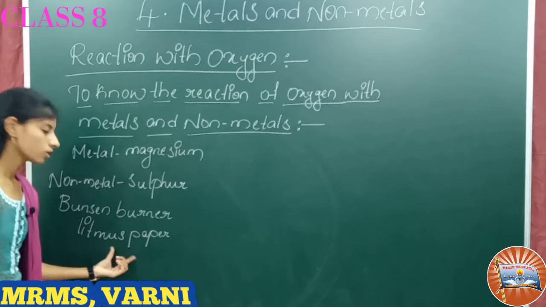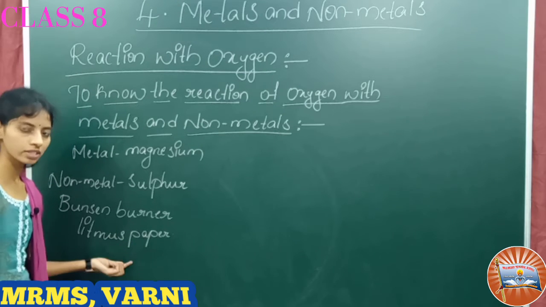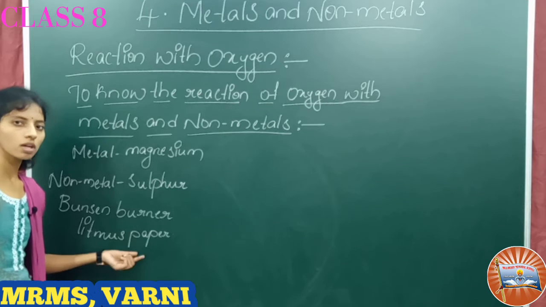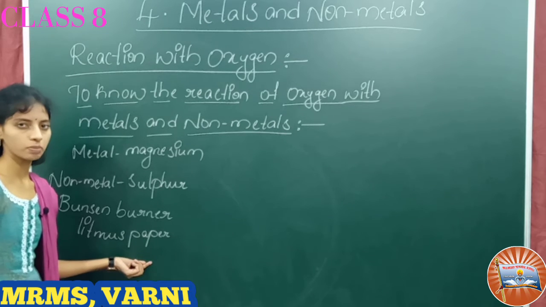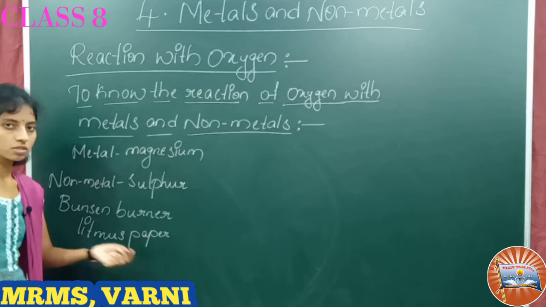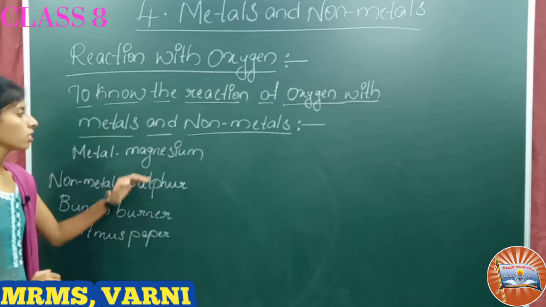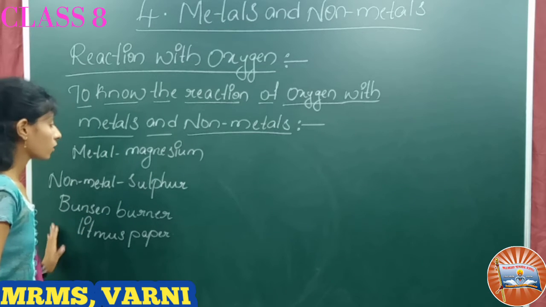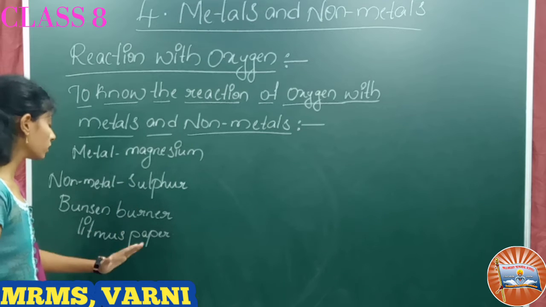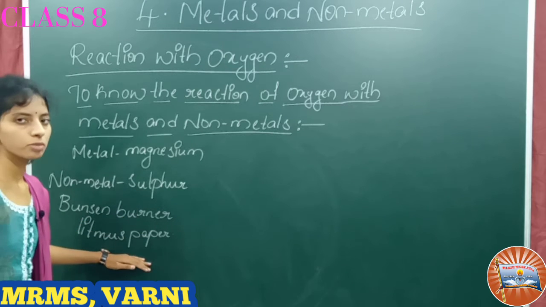We will use two types of litmus paper in the laboratory: one is the red litmus paper and one is the blue litmus paper. By using those papers we can identify acids and bases. So the materials required are magnesium, sulfur, Bunsen burner and litmus paper.